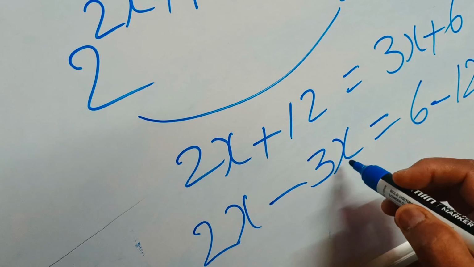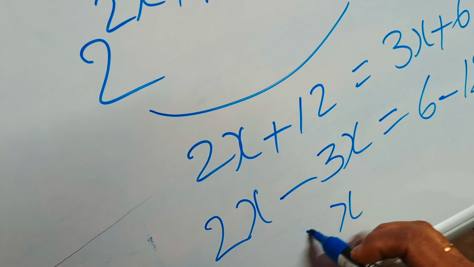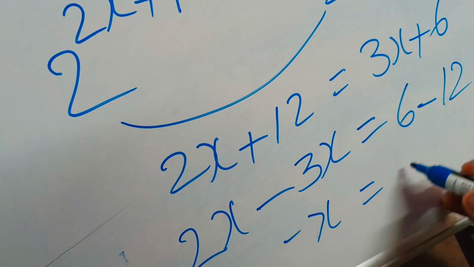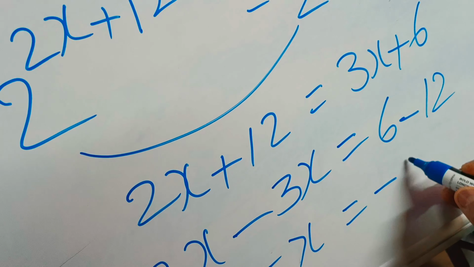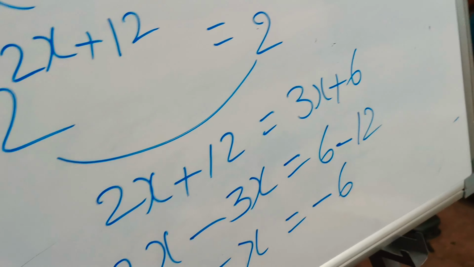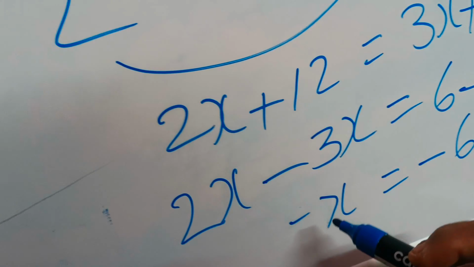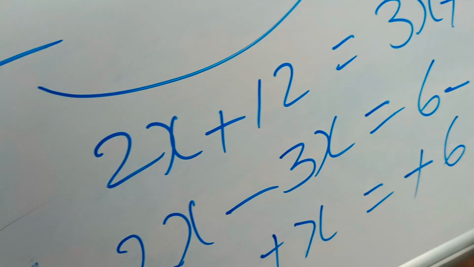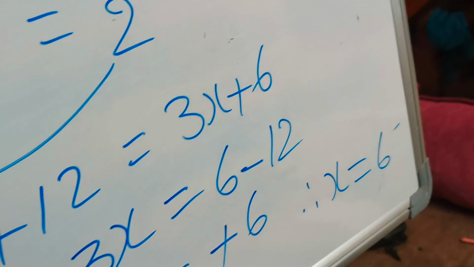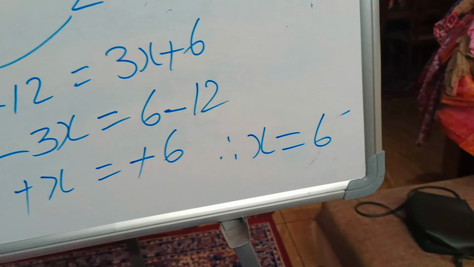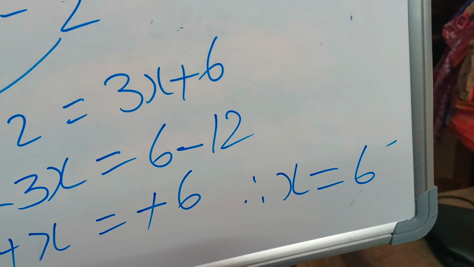This is 2x minus 3x, minus x is equal to 6 minus 12, minus 6. So minus minus cancel, therefore x is equal to 6. We can find the value of x is equal to 6.